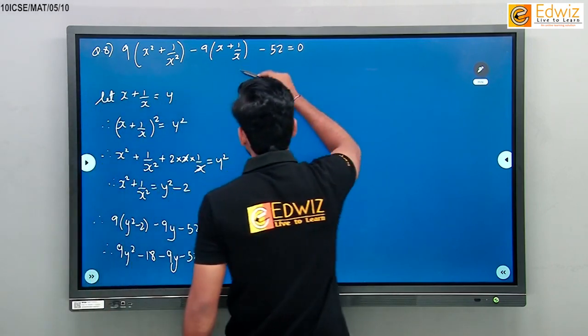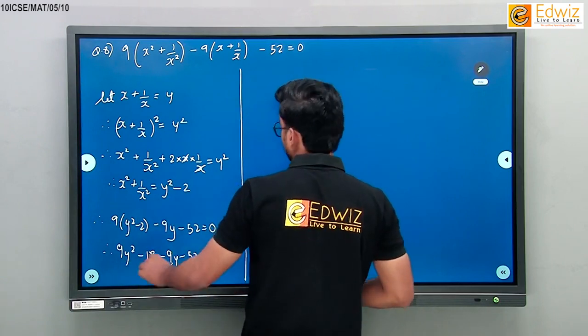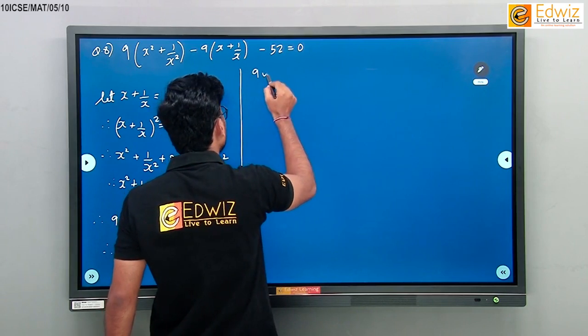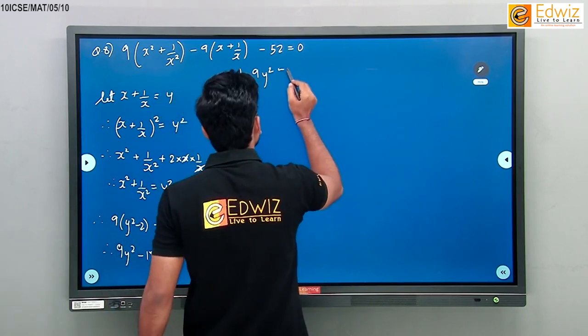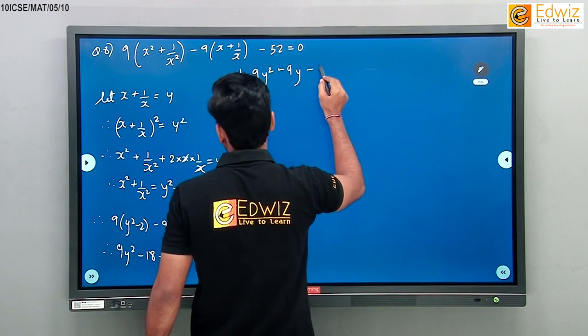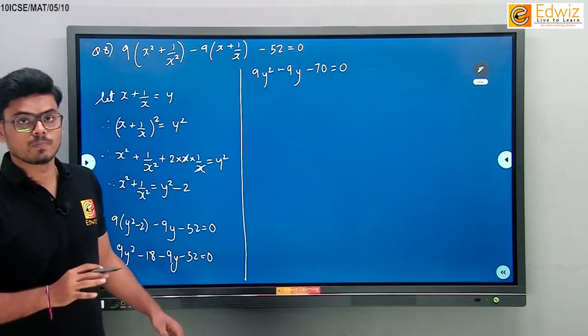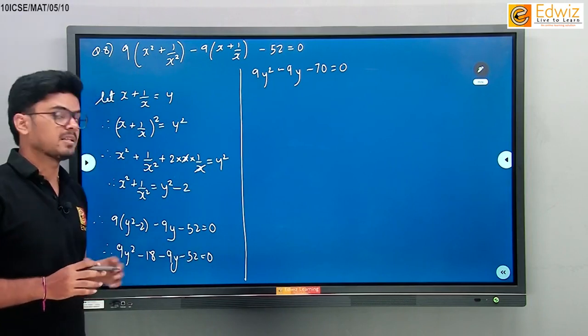Upon further simplifying, minus 18 and minus 52 will become minus 70. So 9y square minus 9y minus 70 equal to 0. This is the equation now. We added minus 18 and minus 52.